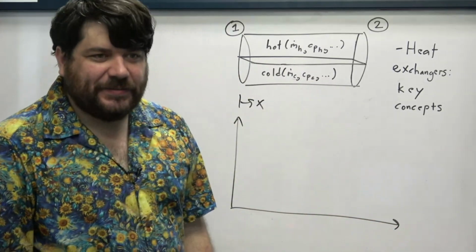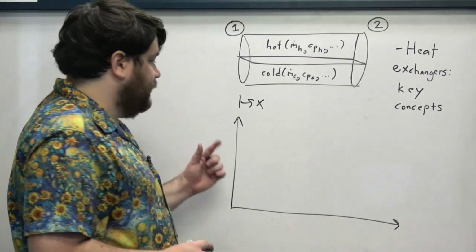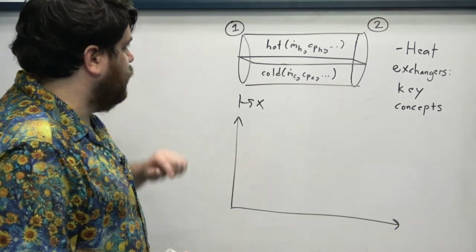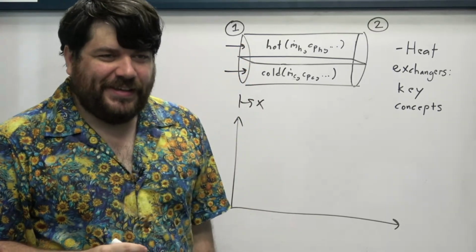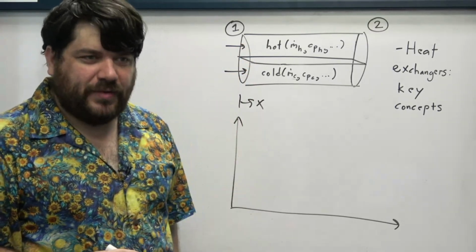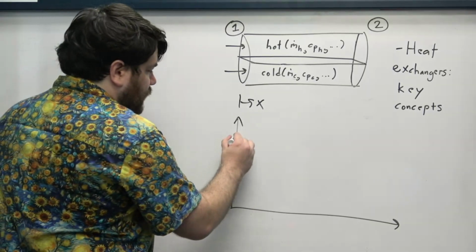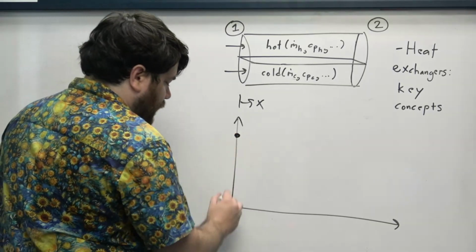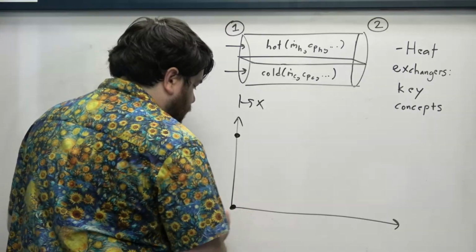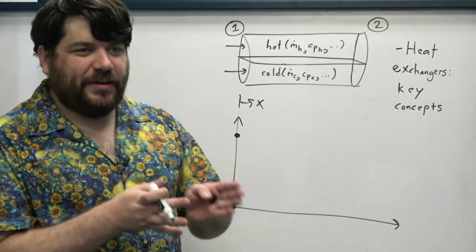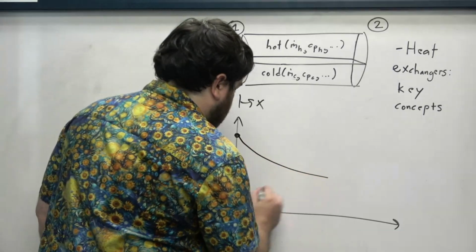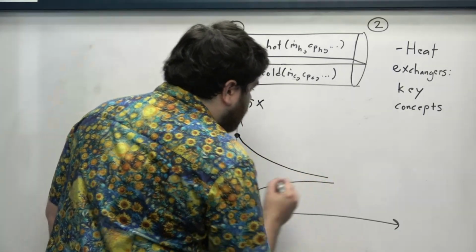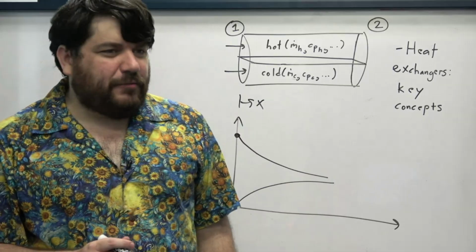The idea is that if this was a co-flow heat exchanger, with the liquids flowing in the same direction, then you would expect the hot liquid to start off very hot and the cold liquid to start off very cold, and then eventually they would equilibrate into some sort of average or mean value.